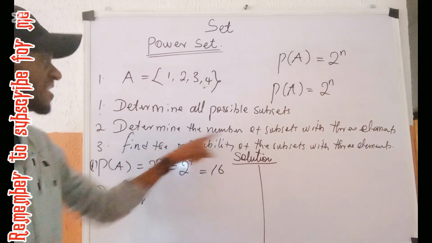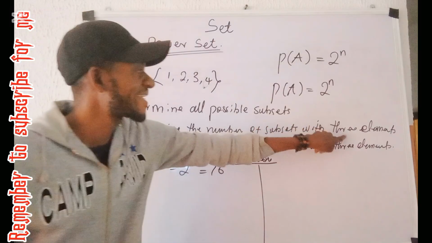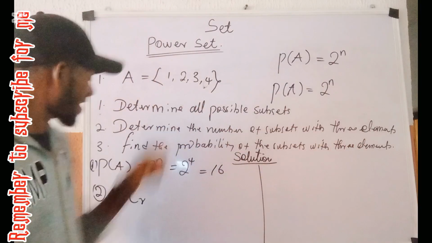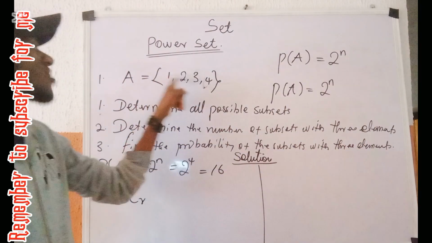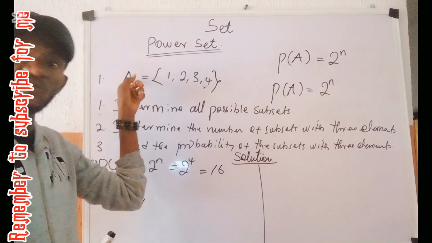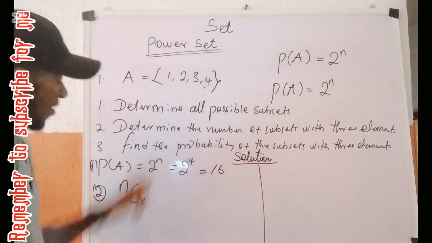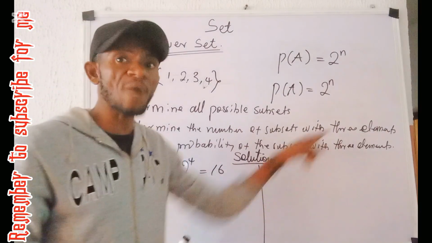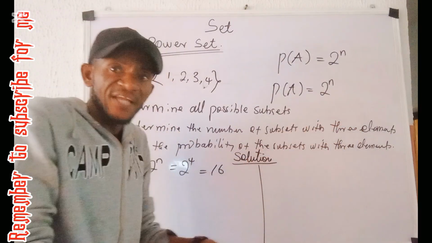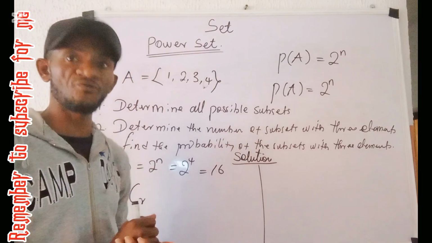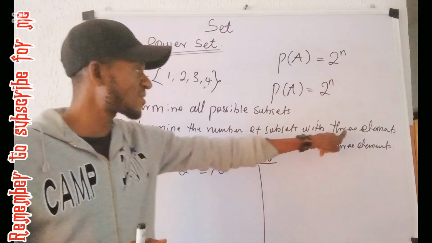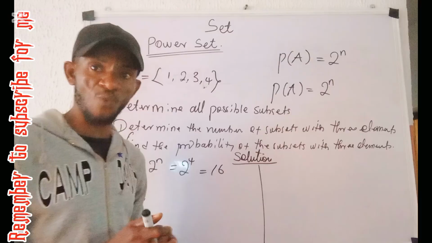They say determine the number of subsets with 3 elements. So this time around, my n is the number of elements in the set given to me ab initio, but this r is the number of elements that will be contained in the subset that I'm going to form. And this time around, it is only 3 elements that is required.